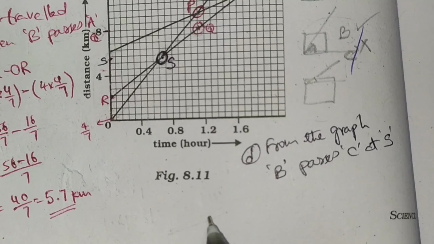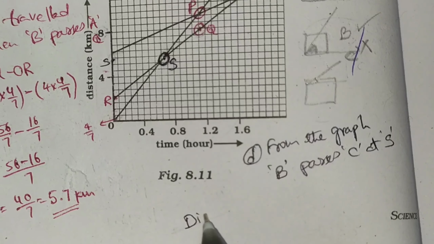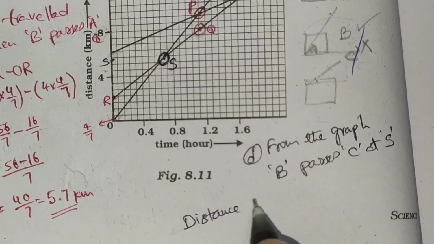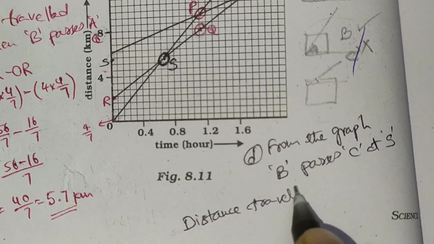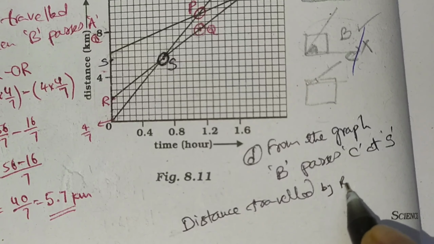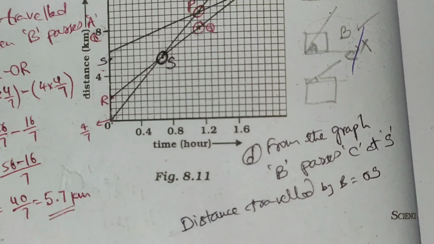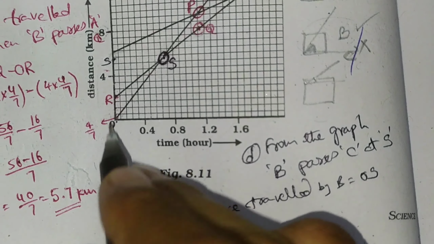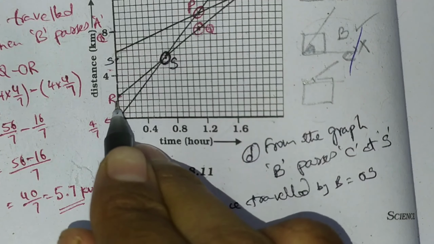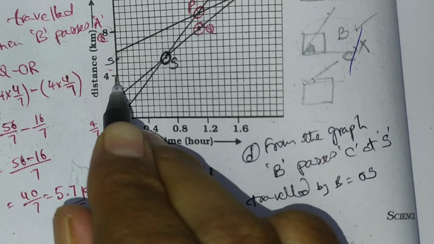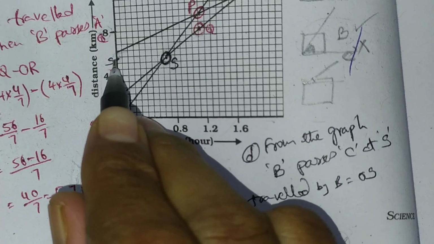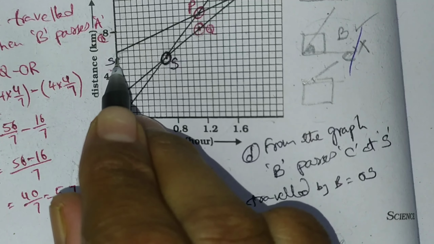Now by the time distance, you see here, let us take the point S here, corresponding value. Now here distance travelled by B is nothing but OS, because here B started from origin O. Now here you see OS, let us count how many, 1, 2, 3, 4, 5, 6, 7, 8, 9, it is not reaching 10, just below 10.